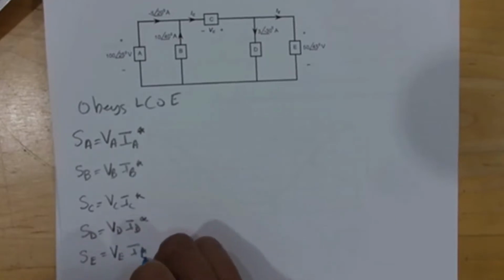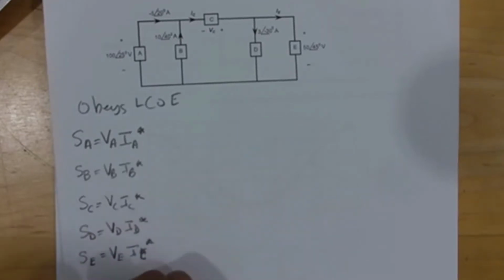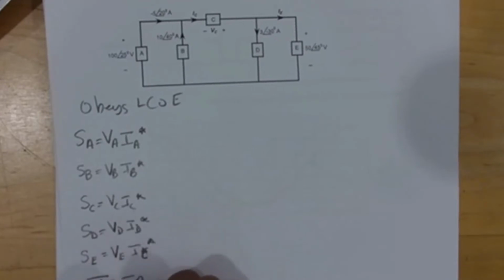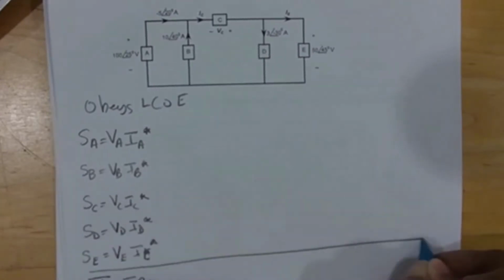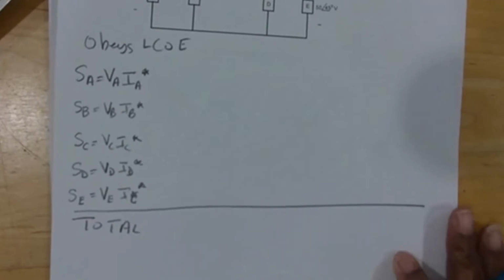And then we're going to add them all together and show that when we add them together, it sums to 0.